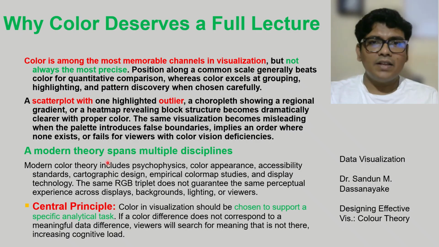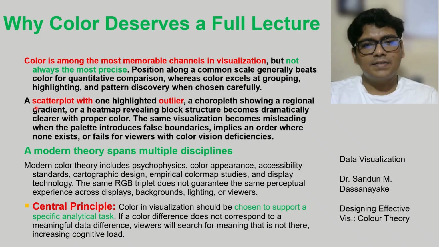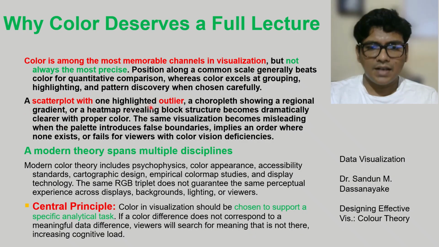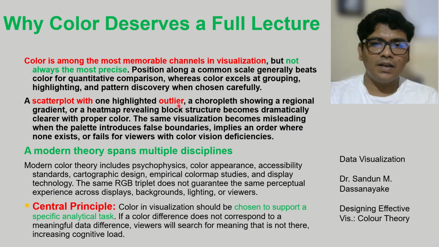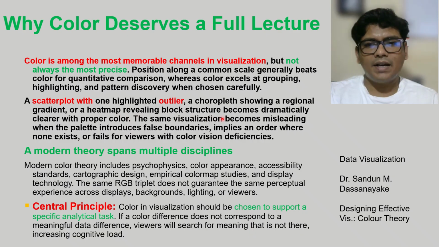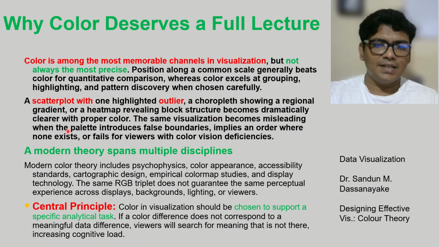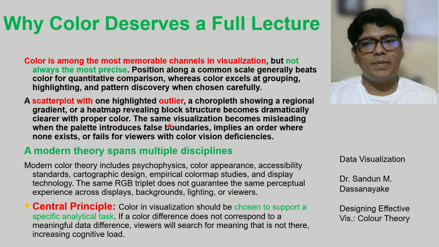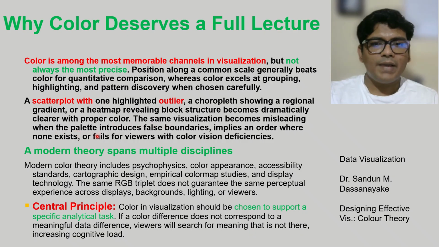If I look at the slide here, a scatter plot with one highlighted outlier, a choropleth, which is a map that shows a particular class in a single color, showing a regional gradient, or a heat map revealing block structure becomes dramatically clearer with proper color. The same visualization becomes misleading when the palette introduces false boundaries.